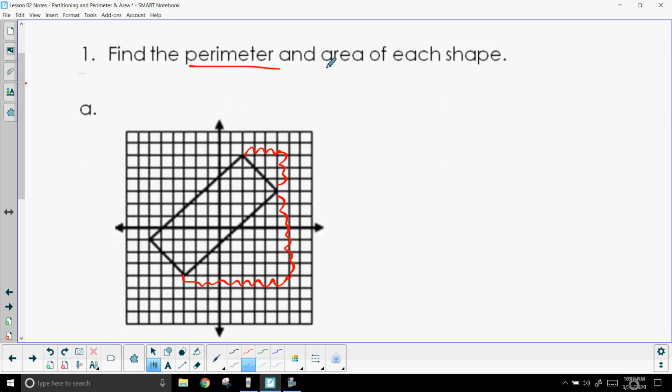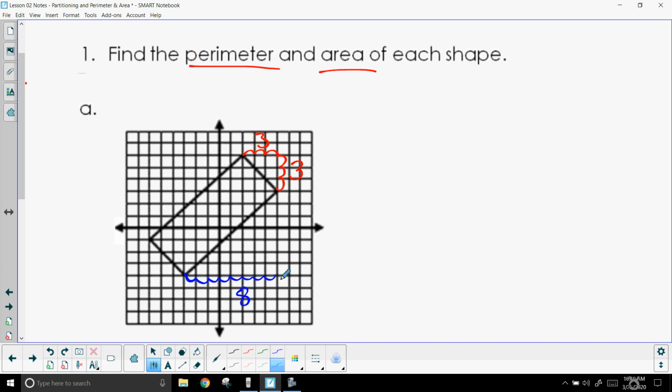So, if we were to count 1, 2, 3, 1, 2, 3. Okay, and I'll make this side blue. 1, 2, 3, 4, 5, 6, 7, 8. 1, 2, 3, 4, 5, 6, 7.